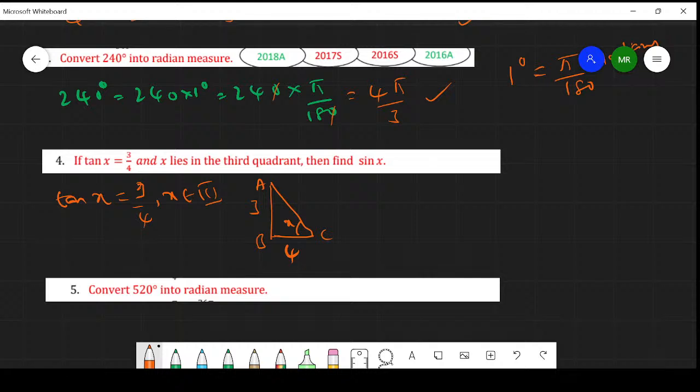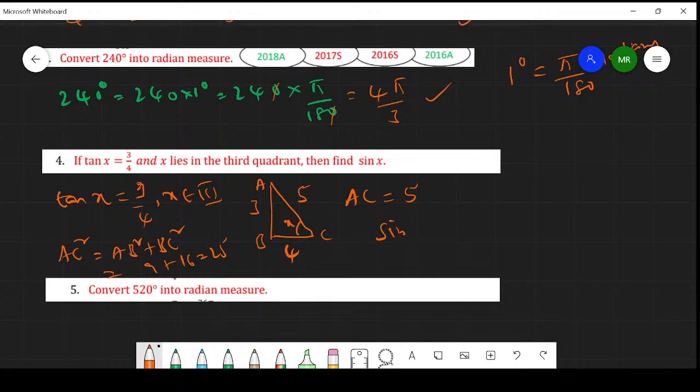Now you know how to find AC square. AC square is equal to AB square plus BC square, the hypotenuse. That is 9 plus 16, correct, 25. Then AC comes to 5. Now from this triangle, what is sin x?